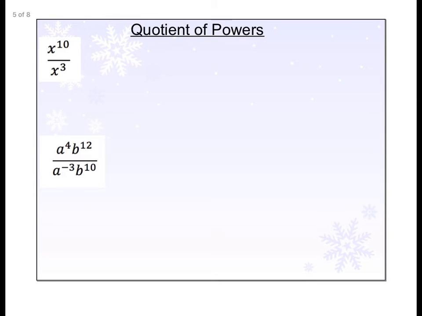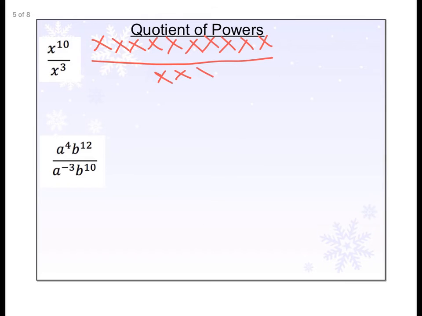Next one looks at a quotient of powers. So now instead of multiplying, we are dividing. So for this first example, I am going to expand it out. So x to the 10th would mean we have 10 x's all multiplying. And then on the bottom I have x cubed, which is 3 x's multiplying.